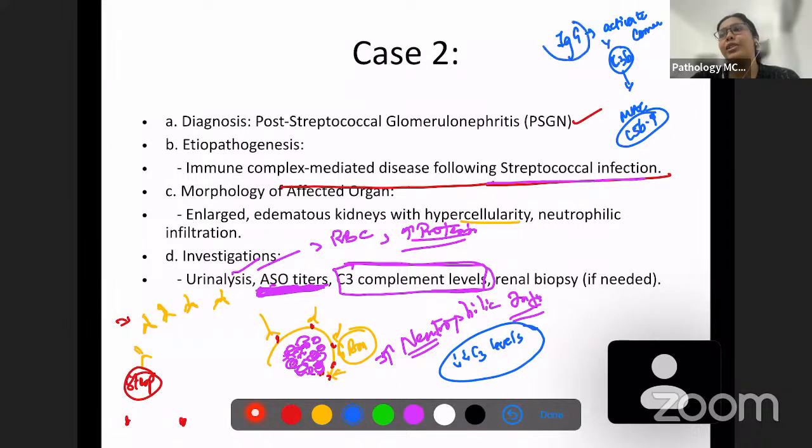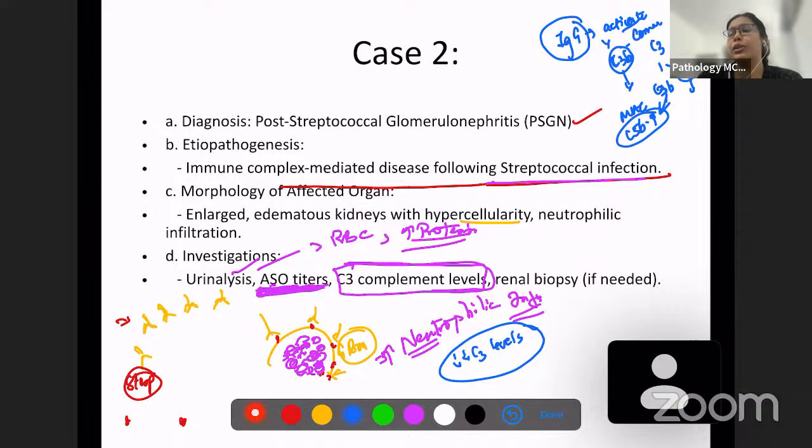So if antibodies are increasing, they activate complement and they keep on breaking down C3 into C3a and C3b. This is what happens as a first step. C3b goes ahead and produces the membrane attack complex, and C3a becomes an anaphylotoxin and chemotaxin.